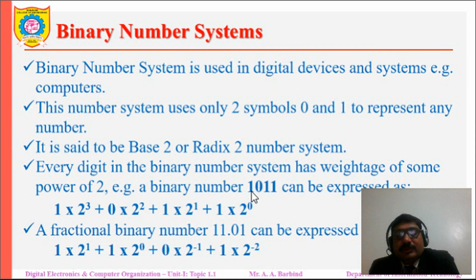So the 0 which is after the binary point, in binary numbers this particular point is called the binary point, like in decimal numbers we call that point a decimal point. So the weightage of this 0 is 2 to the power minus 1, whereas the weightage of this particular 1 is 2 to the power minus 2.